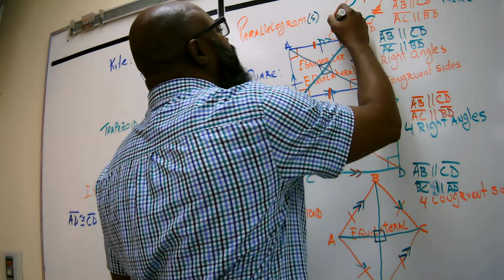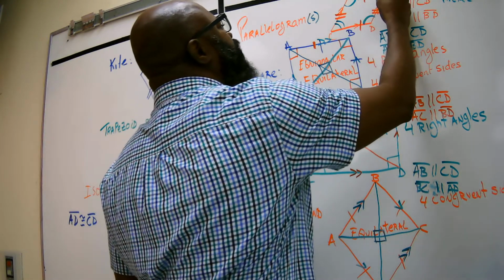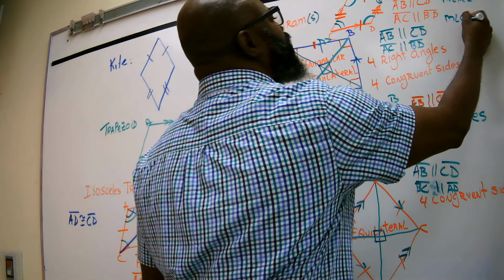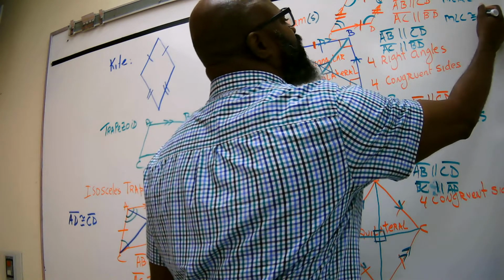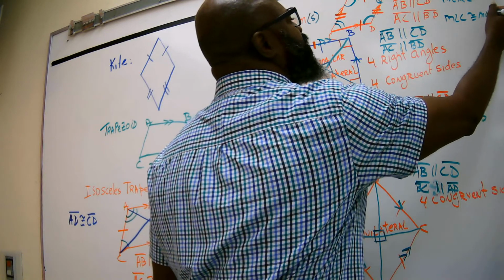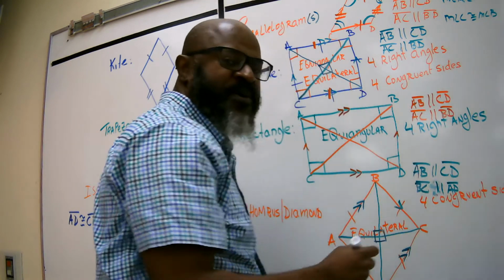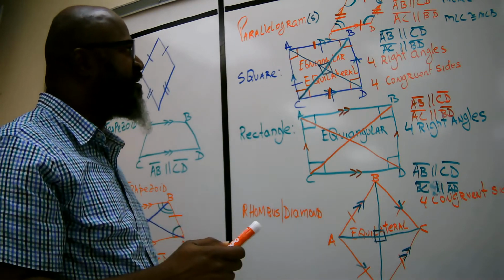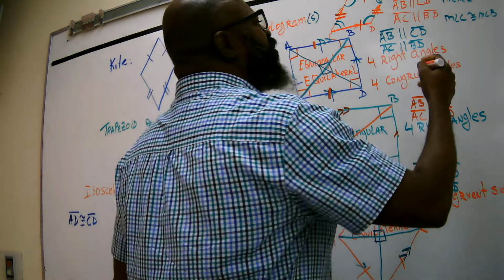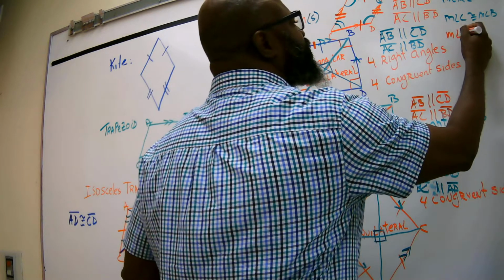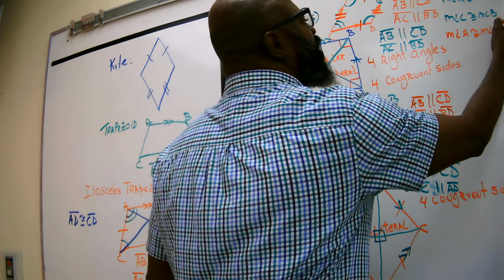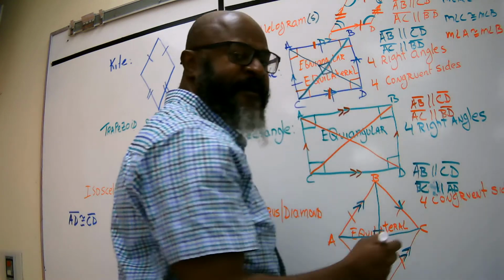And the measure of angle C is congruent to the measure of angle B. So in a parallelogram, opposite angles are congruent.